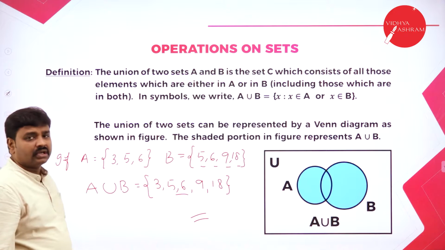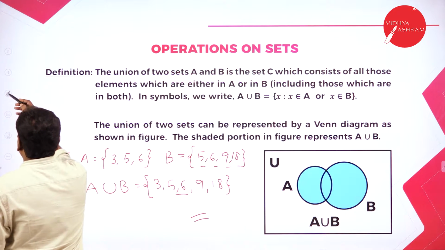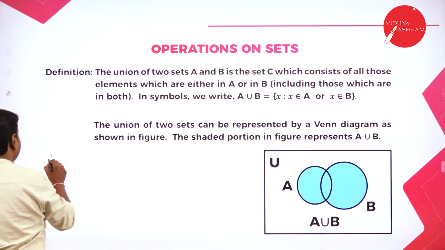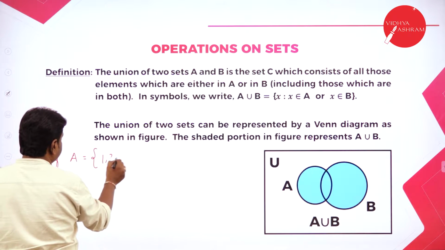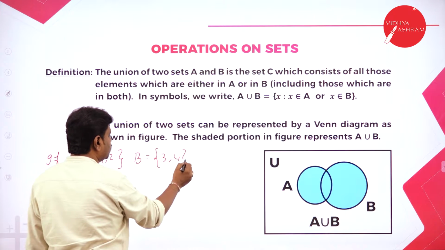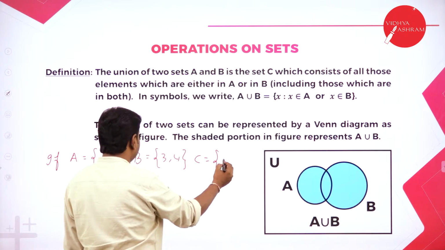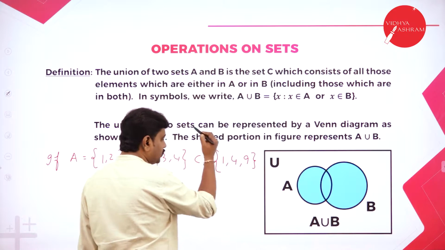We can combine more than two sets also by using the operation A union B. For example, if I have A equal to 1, 2, B equal to 3, 4, and C equal to 1, 4, 9.